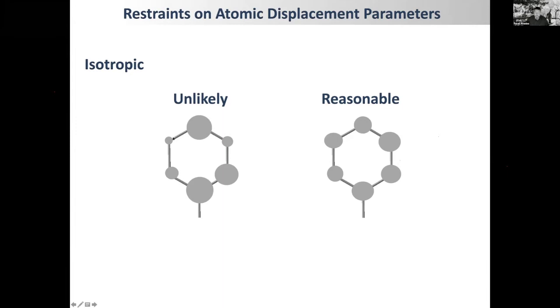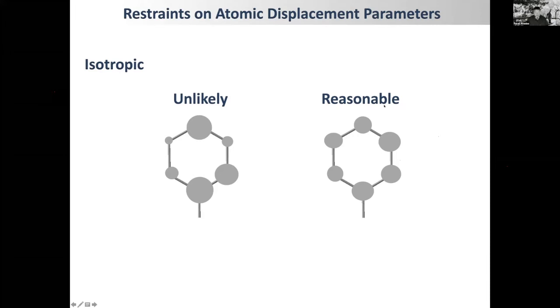We know covalent bonds are very strong, pretty much not stretchable, so that doesn't make chemical or physical sense. So we try to avoid having very different B factors across linked atoms. So we apply restraints on B factors to make them approximately similar.